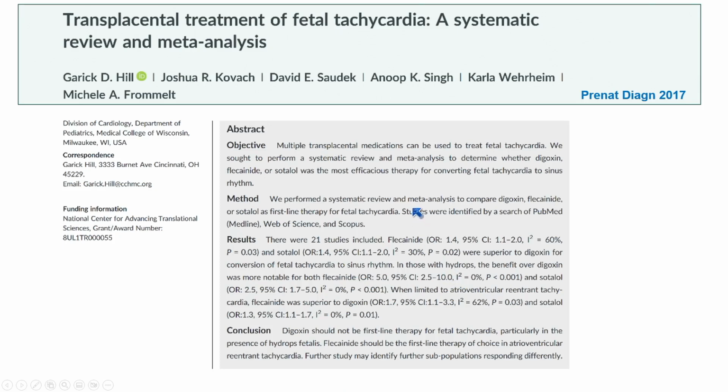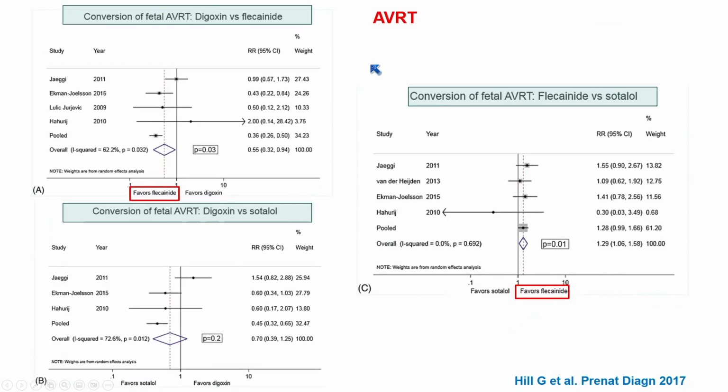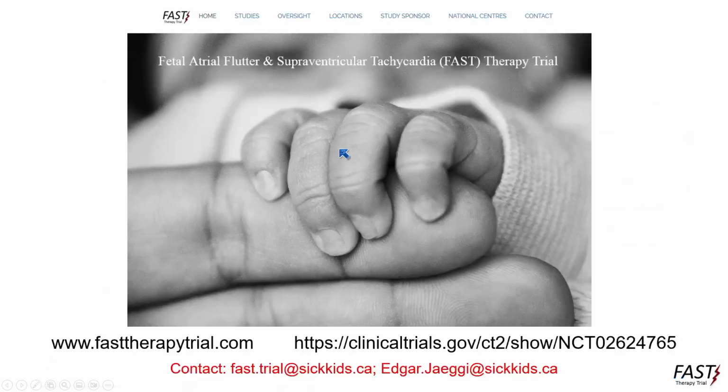I just bring up this meta-analysis that compared digoxin versus flecainide, digoxin versus sotalol, and flecainide versus sotalol for any type of arrhythmia. And according to the meta-analysis, it favors flecainide over digoxin and sotalol over digoxin. However, when you look at AVRT, it seems that flecainide is the better choice as first-line medication compared to digoxin and sotalol.